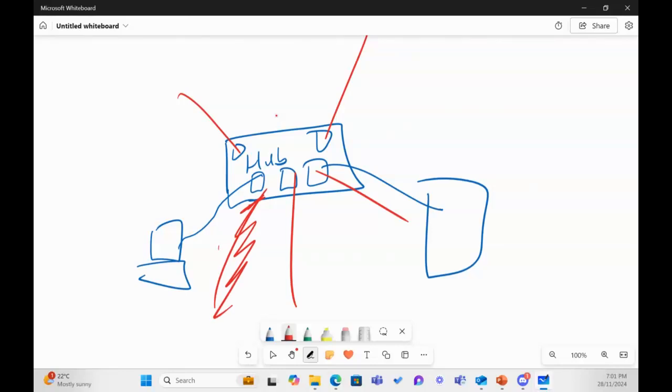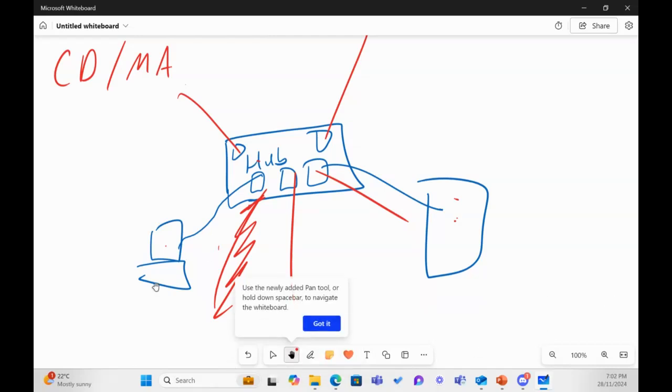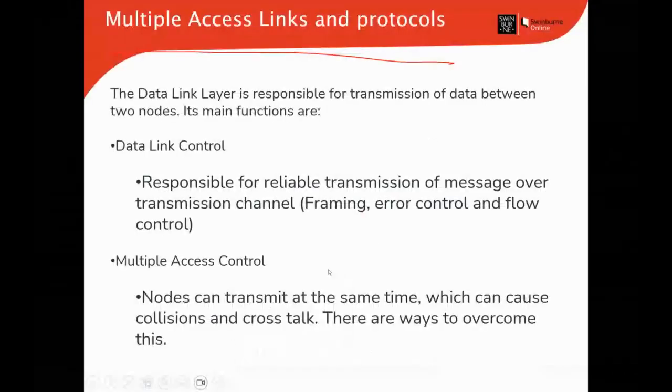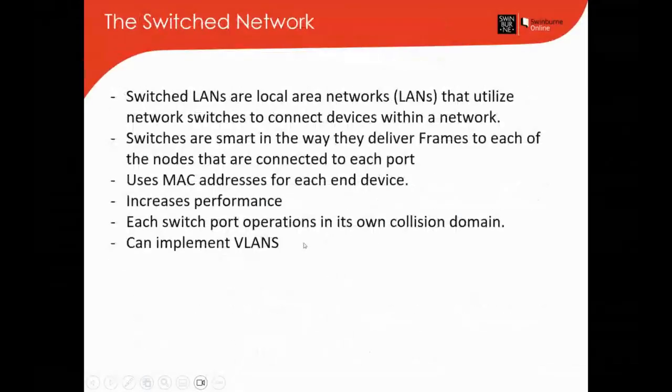So what that meant was that these devices, that server and that computer, could transmit at the same time, and if they did, there would be a collision. So it needed a protocol called carrier sense multiple access with collision detection. Don't worry about this too much because we don't have hubs anymore. We only have switches. So we'll ignore that. But back in the day with hubs, we needed to know that a lot.